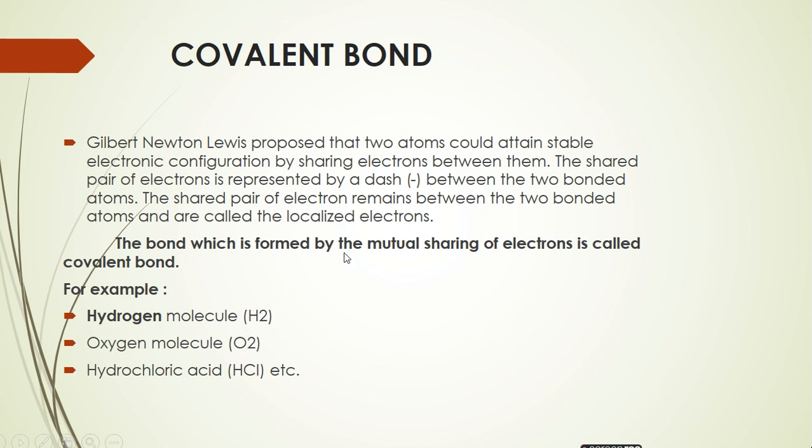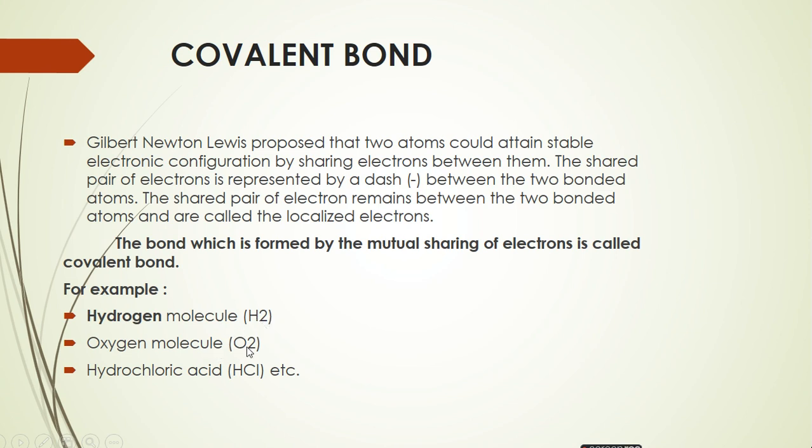Okay, the dash line. Here there is one electron in the hydrogen atom, so there will be a single dash line, means they will share one pair. One from each side will make a pair, so that can be shown with a single line.